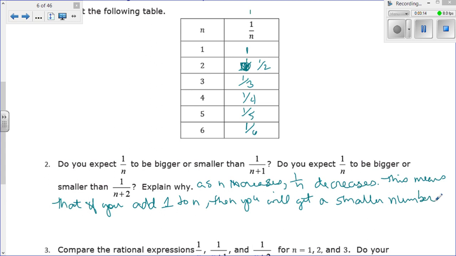And that's because the larger the denominator, the smaller the fraction. So 1 over n would be greater than 1 over n plus 1, which would be greater than 1 over n plus 2 in the end. So I would expect 1 over n to be bigger than 1 over n plus 2, because remember, as the denominator increases in size, the smaller the fraction goes.